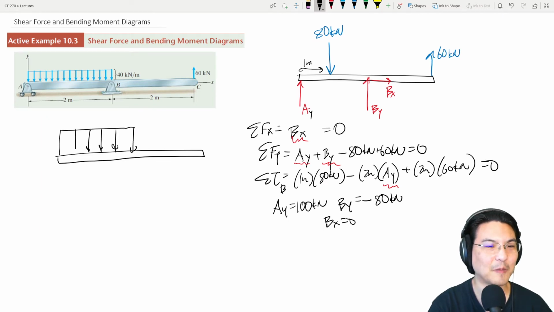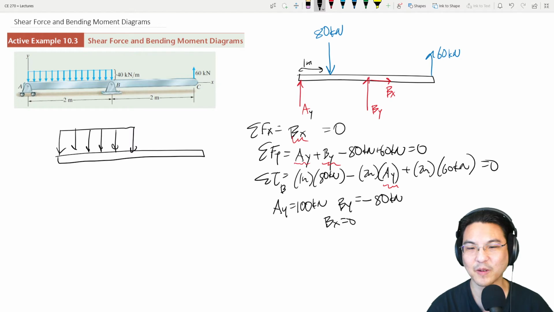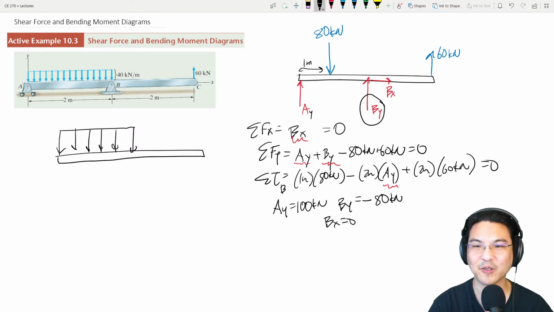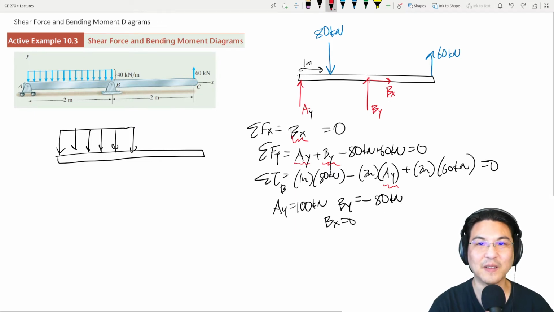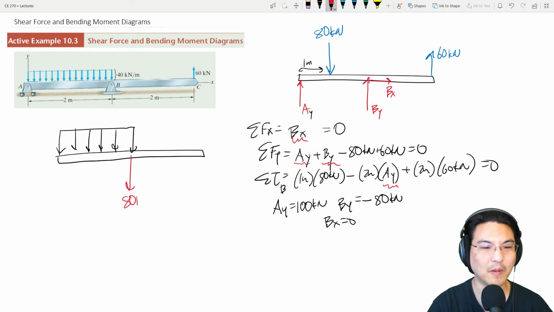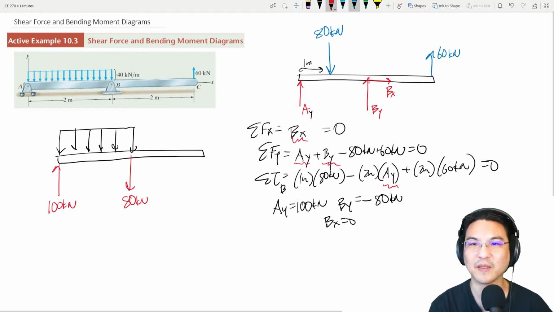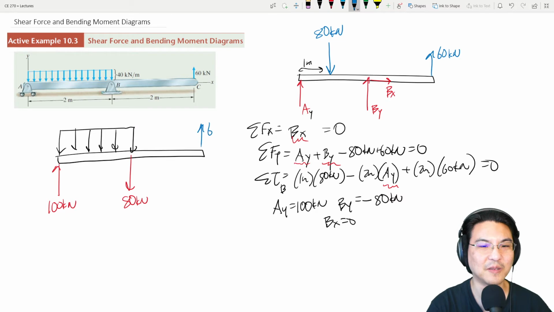Like this. And what were our values? Bx is 0, By is negative 80. I drew my arrow going upwards, but the value is actually negative, so it's actually going this way. And then AY was 100 over here. And then the 60 kilonewtons over here, and this was 40.